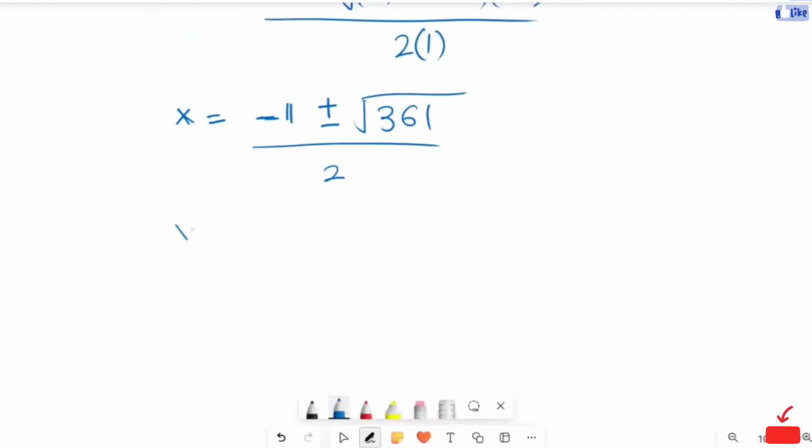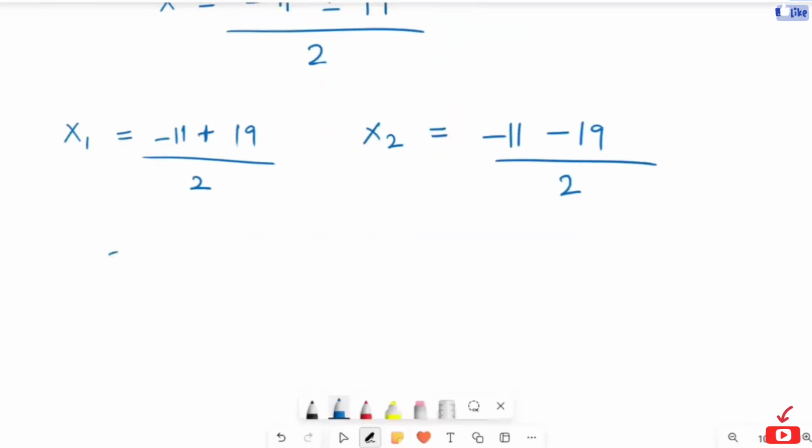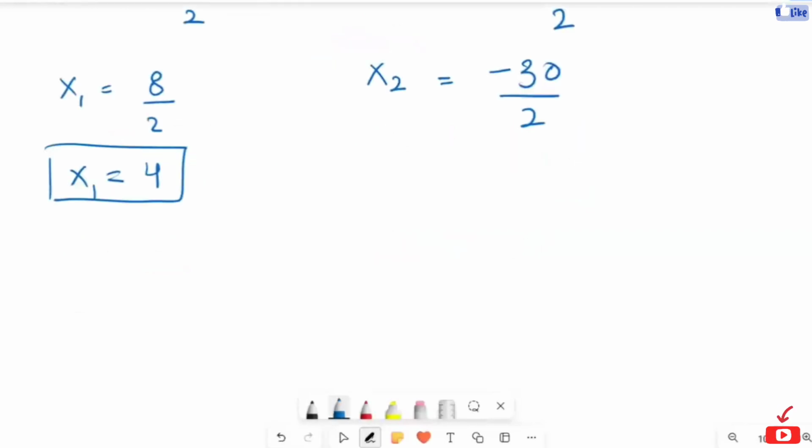Now here as I solve this root I will get 19. Now here we have two x values, x1 and x2. Now the value of x1 we have 8 over 2, which is 4. And now we're going to solve x2. Here I get minus 30 over 2. As I solve this, I will get negative 15.